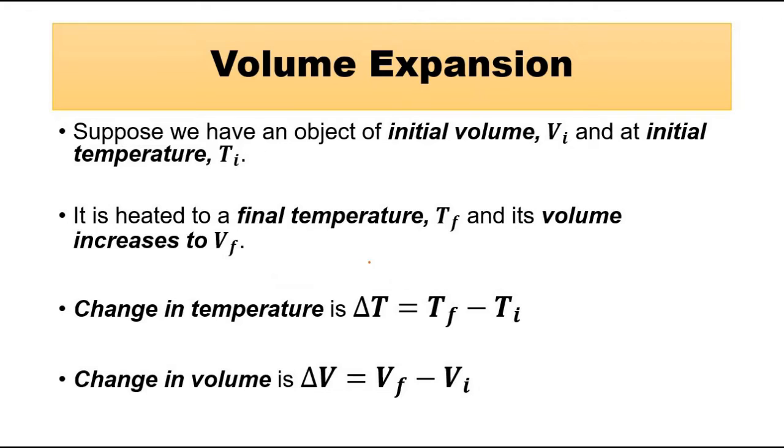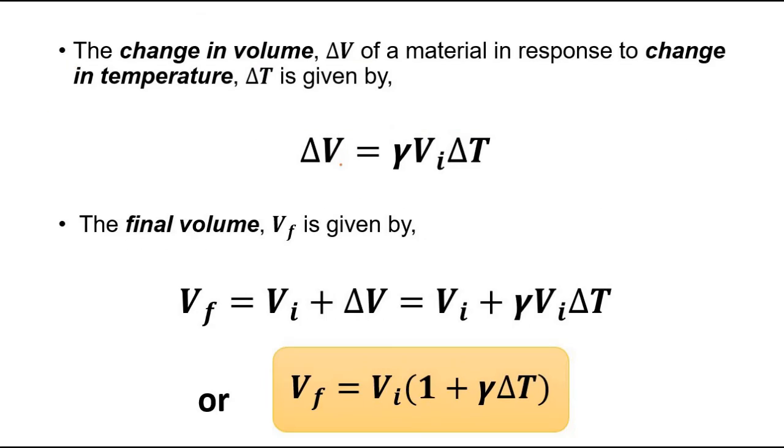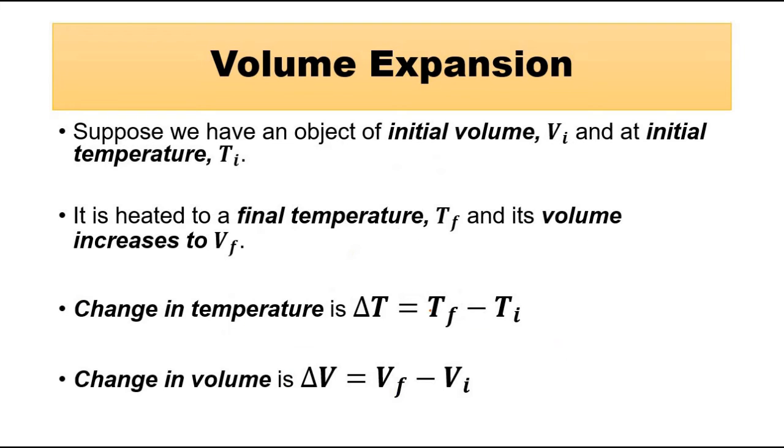Just a quick recap: volumetric expansion is expressed like this. The change in volume of an object is directly proportional to the initial volume Vi and the increase in temperature. The increase in temperature is expressed as final temperature minus initial temperature, and the increase in volume is final volume minus initial volume.